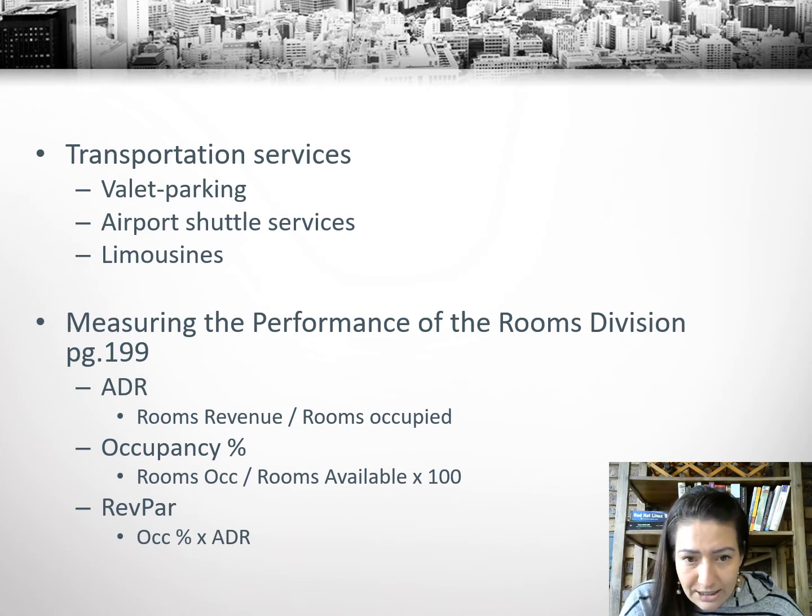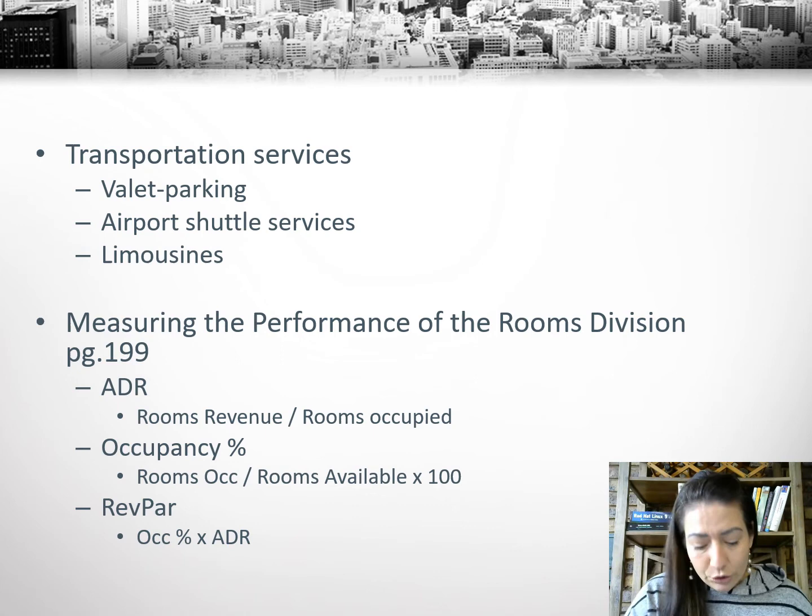So the formula says it is $23,800 divided by 170 rooms. So on average on Monday, how much did you ask? What was the average daily rate on Monday? It was $140. So it doesn't mean you asked $140 for every room.